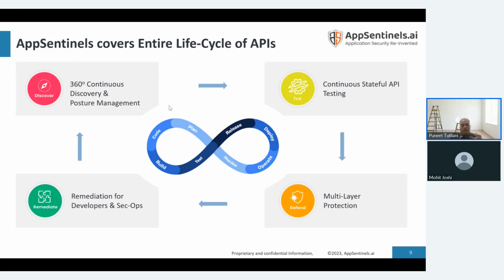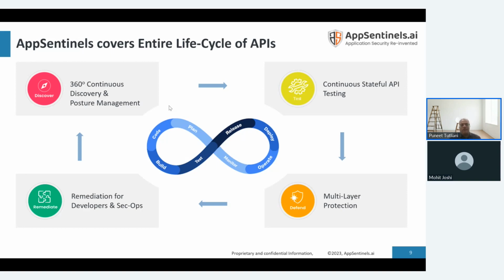So the remediation workflows that AppSentinels has built address the needs and pain points of both. The developers are responsible for building secure APIs, and that's what AppSentinels helps them with, and the security operations team are responsible for protecting their application against known, unknown, and automated attacks.